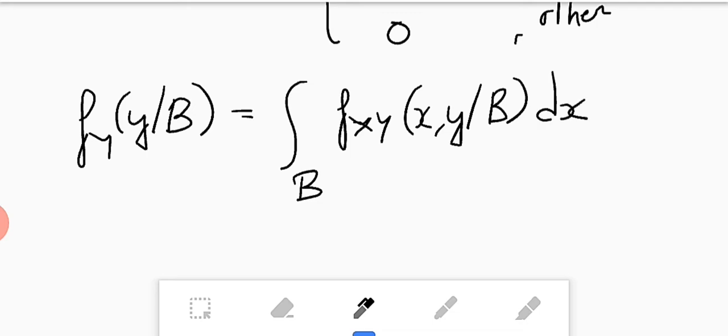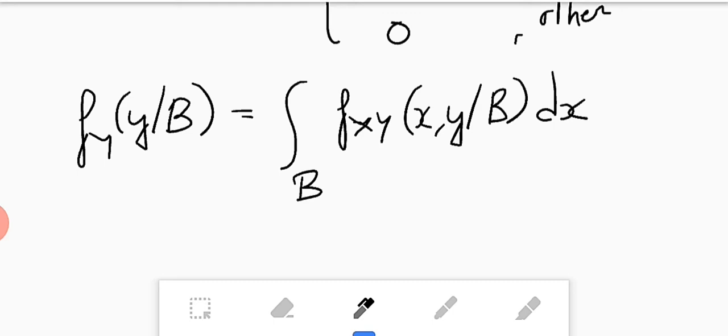This is how you can find the marginal conditional PDF when you have the conditional joint PDF. In the normal scenario, you integrate over all possible sample values of the x variable, but here, since all possible sample values fall within the limits of B, you will integrate with respect to the limits of event B.